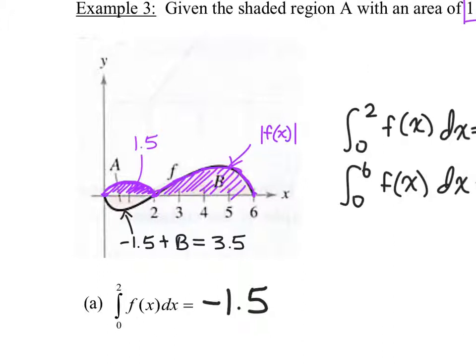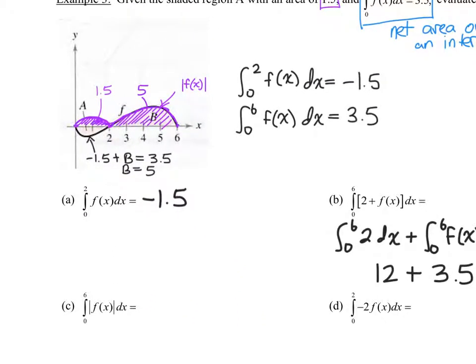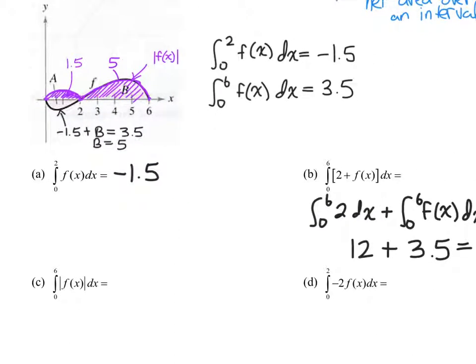If that's the case, then region B has to itself be equal to 5. I just add the 1.5 to both sides. All right, so that gives me that piece. So on the interval of 0 to 6, all I would need are the sum of those two pieces, 1.5 and 5, and I'd have it.